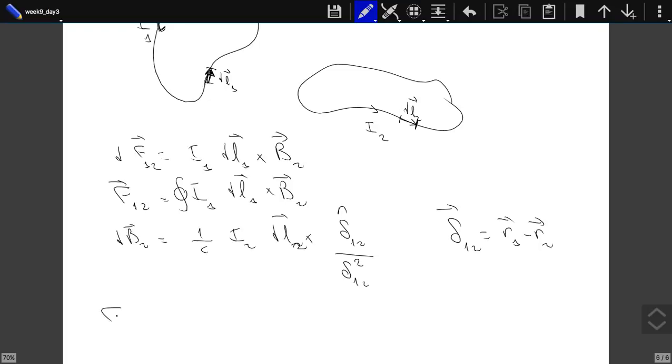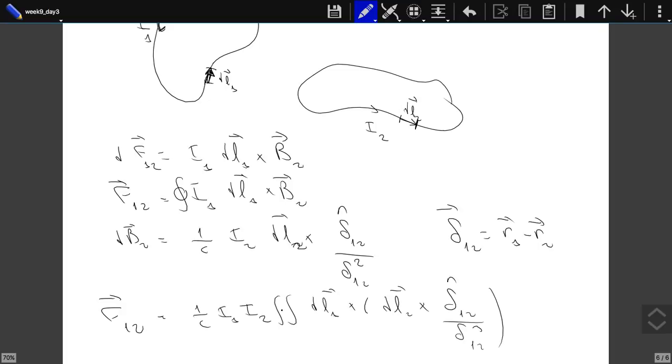Now I can write F12. Again, this is the force acting on the first wire due to the second wire. This will be equal to 1 over C I1 times I2 integral of dL1 cross integral of dL2 cross delta 1,2 hat divided by delta 1,2 squared.